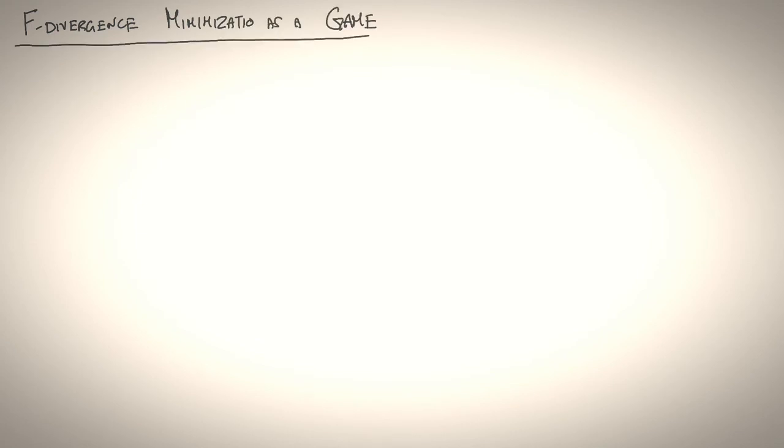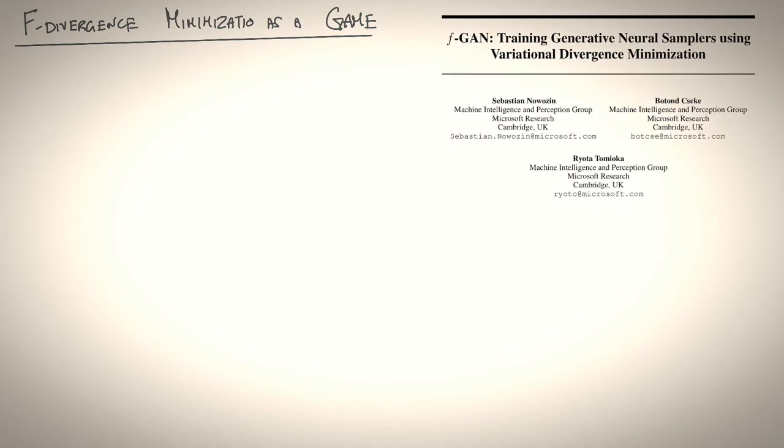And indeed, we can think of f-divergence minimization as a game, a point made eloquently in a paper by Nguyen et al. called f-GAN, which I highly recommend reading. Two players: a generator that's generating distribution P of x, and a discriminator that's choosing moment functions phi of x.